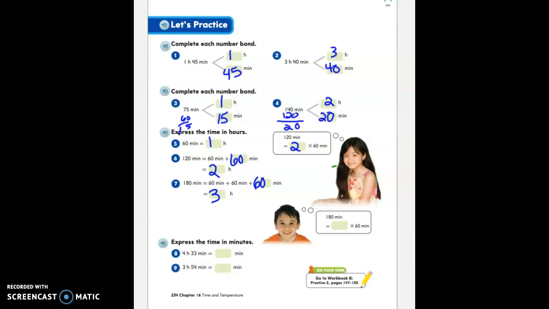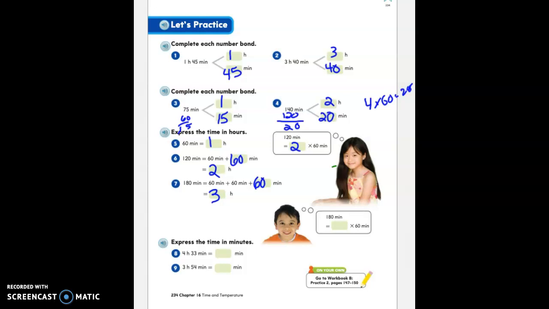So I go down here, 4 hours and 33 minutes. So 4 times 60 is going to be 240. Oops, I ran off my page there. I've lost my train of thought. Let's go back here. 4 times 60 equals 240.